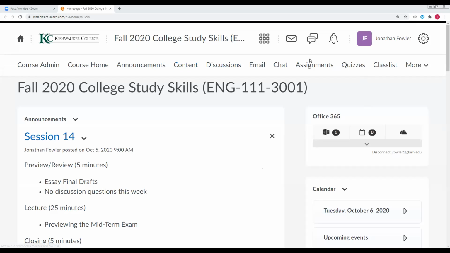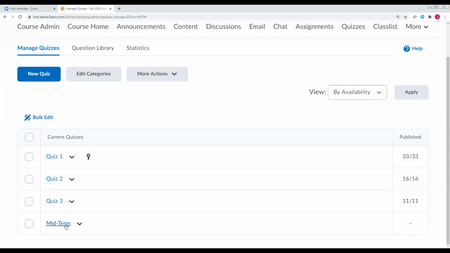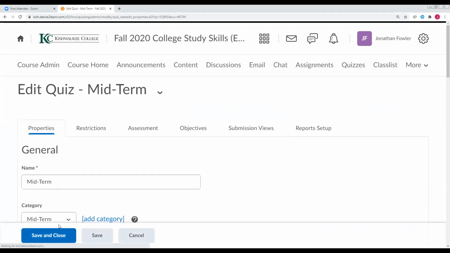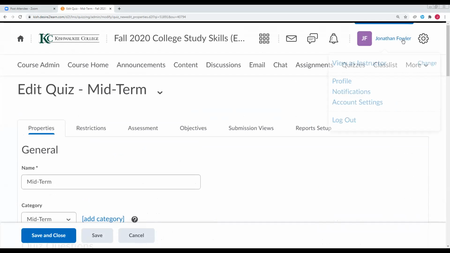I'm going to, of course, go, just as I said, to the quizzes link. And down here, I'm going to access the midterm. And I'm going to go ahead and look at it as a student.